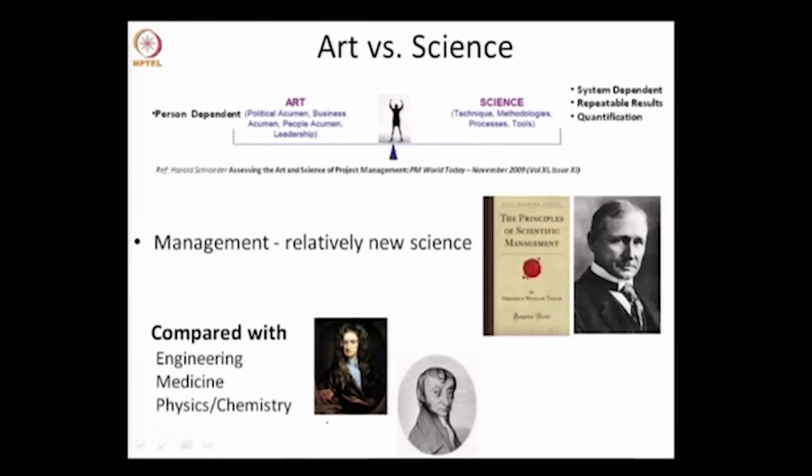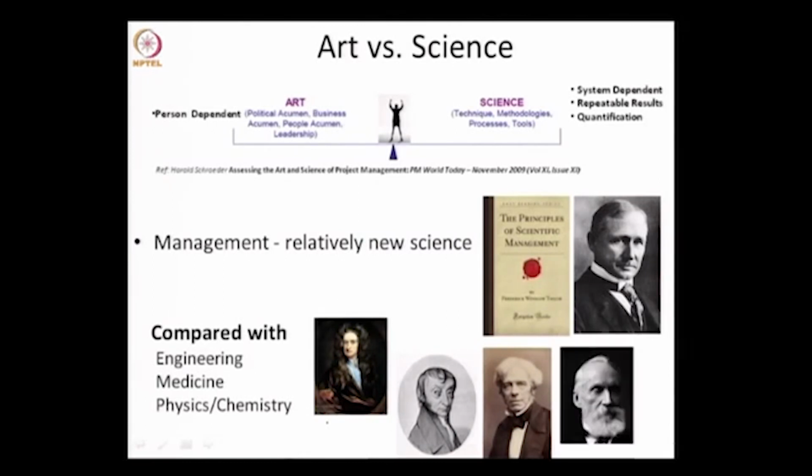Avogadro, his number started making things scientific. Faraday, as far as electrical goes, he is the one who made things scientific. Lord Kelvin, so all of these people were there many years ago and started making physics and chemistry more science than art. So we are now in that phase where management is trying to be made a science. We are still more in the art form, but we are trying to make it a science, and that is the phase we are at.